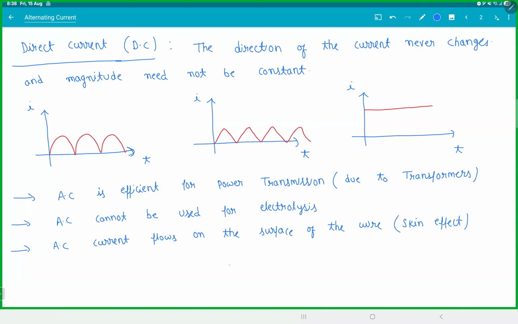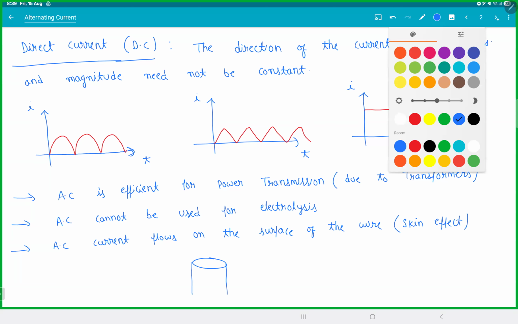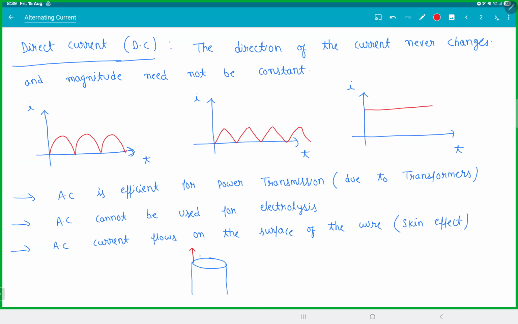So if you take one thick wire, the current becomes almost zero at the center, and this is how the current flows. So making one single wire is a pretty bad idea for AC. So that is a reason.